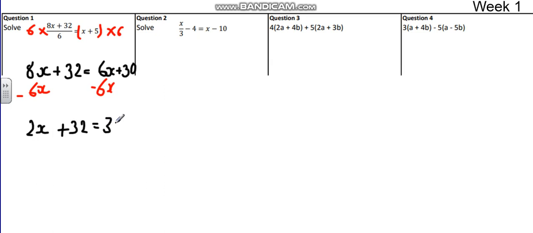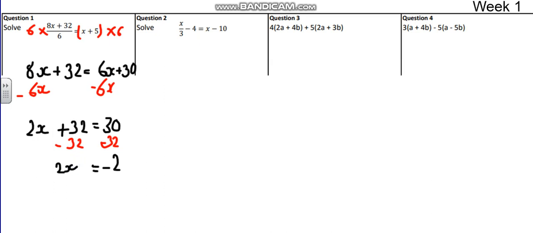Okay, and then I want to leave the x's on their own, so I want to get rid of the 32, so I'm going to subtract 32 from here and from here. So we need to remember that 30 take away 32 is going to be negative, so that's minus 2 left there and 2x left on this side.